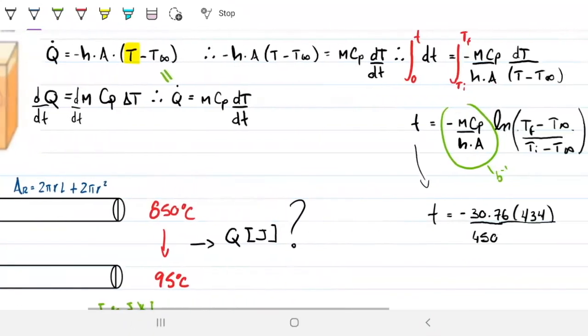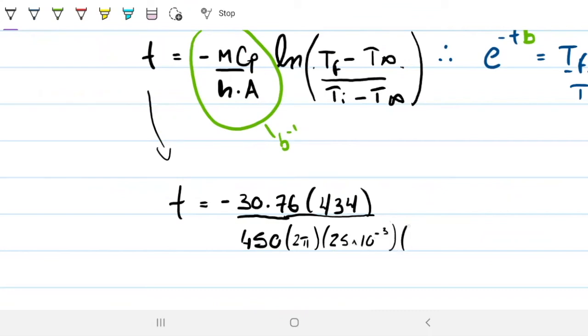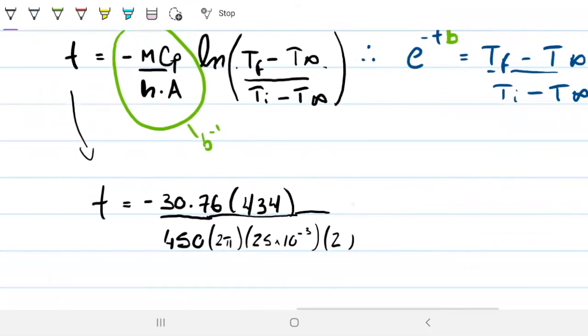So for the sake of plugging numbers in here, let me just plug the simple one for now. So 2 pi times the radius, 225 times 10 to the minus 3 meters, times the length, which is 2. Now, natural log of the initial temperature, 850, and T infinity, 40?